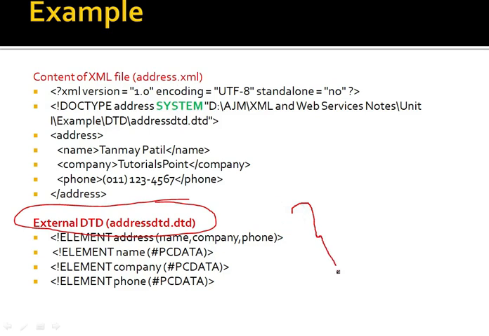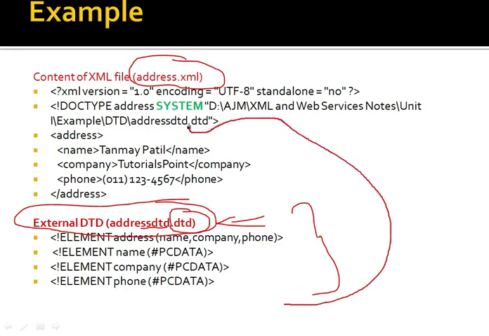The name of the file is address.dtd. What does .dtd indicate? It means a document type definition file. It's a separate file, and this is the XML file. I'm going to use this external DTD in the XML file, to validate this address XML file.